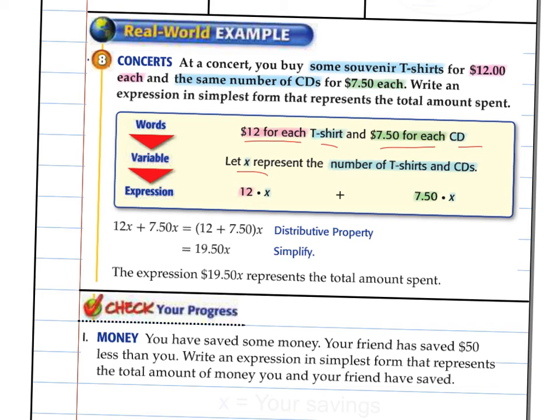So since it was the same amount, we can let X represent the number we bought. So it's 12 times X plus 7.50 times X. So together, that's 12 plus 7.50, which is 19.50X. So an expression to represent the total we spent is $19.50 times X, the number of items bought, and that will give us our total.